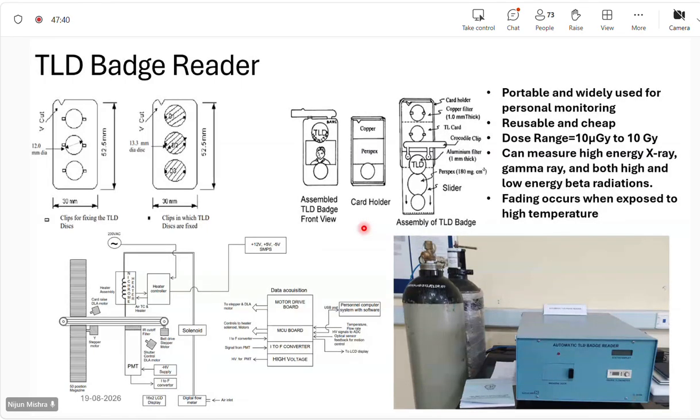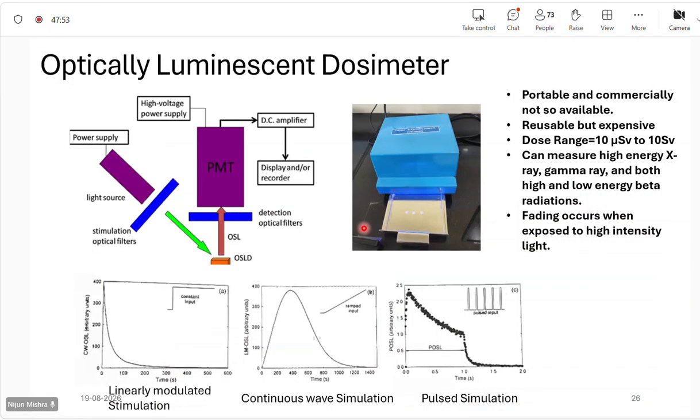Then optically stimulated luminescence dosimeters, these are the OSLs. Similar principle to TL, but here the stimulation light is optical, by means of laser or LEDs, to stimulate the OSLD. Here also PMTs are there.